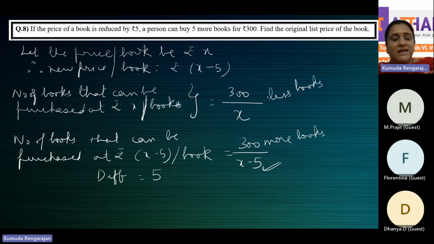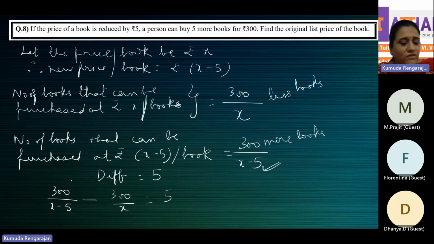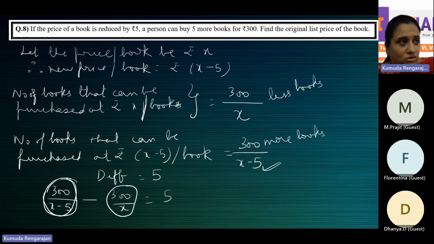So more books minus less books: 300 by X minus 5 minus less books 300 by X is equal to 5. What will this give you? The number of books that are purchased at X minus 5 rupees. What is this? The number of books that can be purchased at X rupees per book.